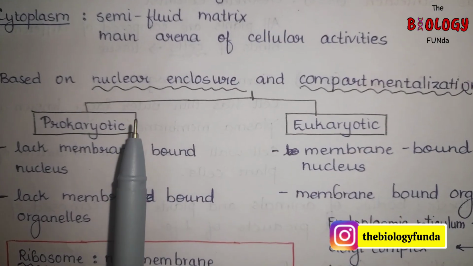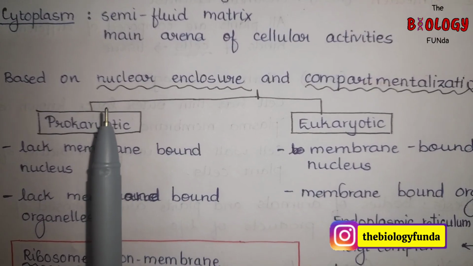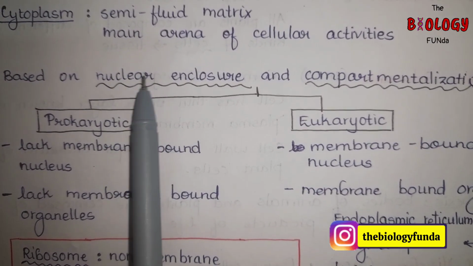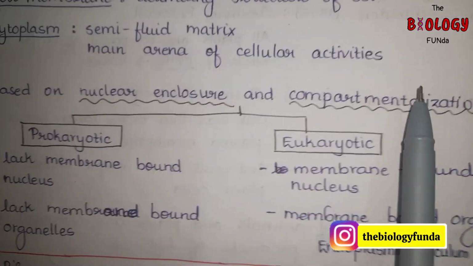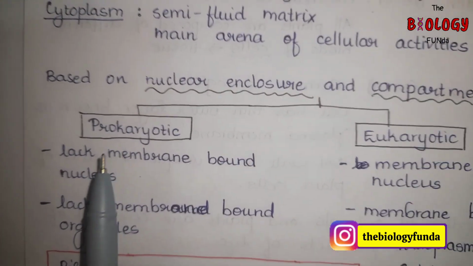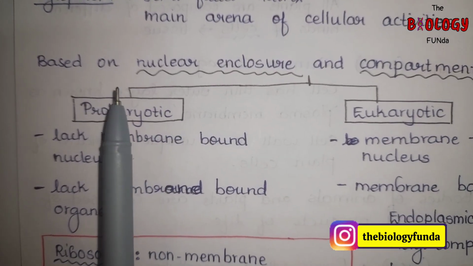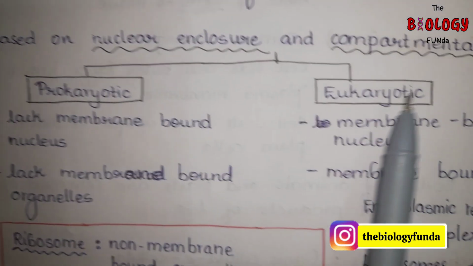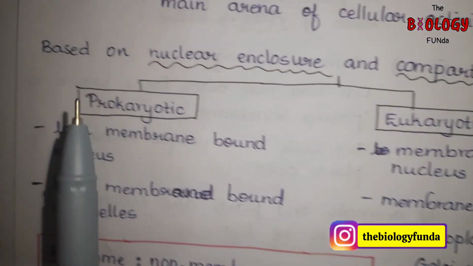So let us move forward towards the cells which are divided based on the nuclear enclosure and compartmentalization. Based on this, organisms are either prokaryotic or eukaryotic.